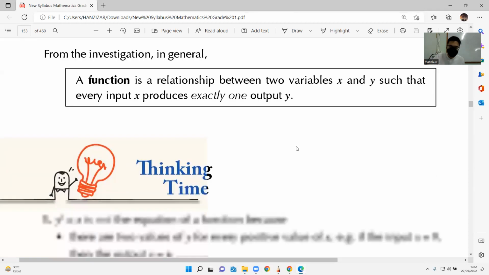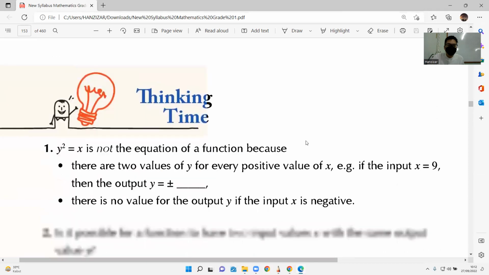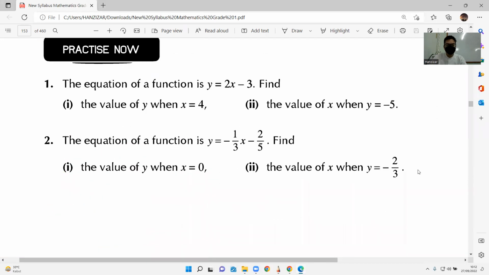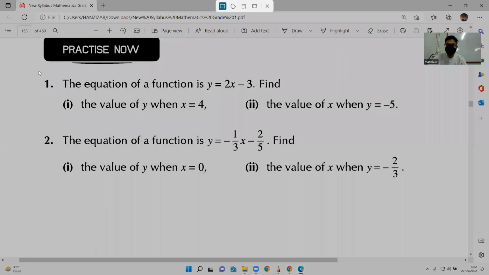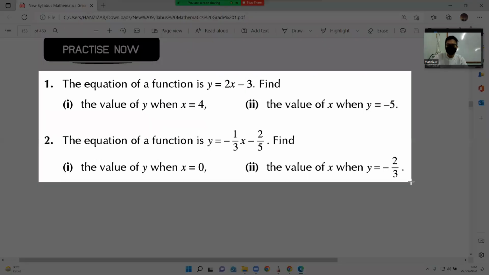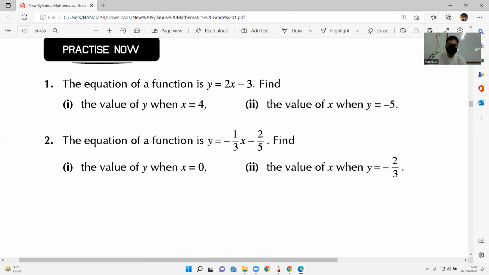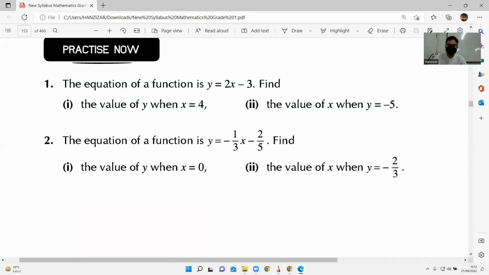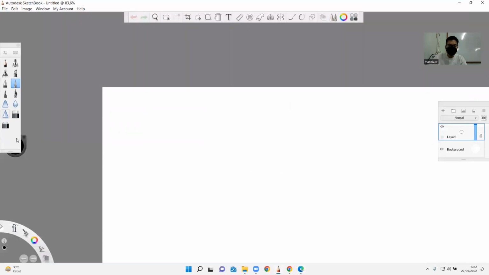Okay, let's start with the practice now. Let us finish this. I will copy and paste one by one so you can see this clearly. You can solve this.